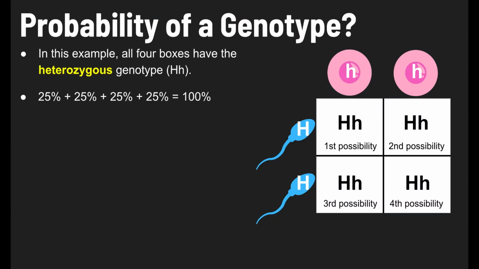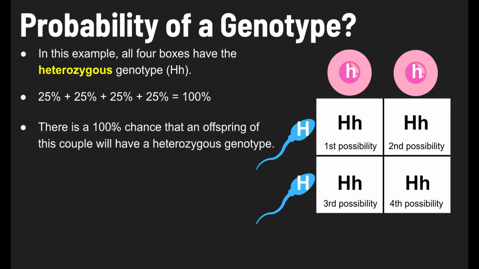To figure out the total probability here, you would add up each one of them together. So 25% plus 25% plus 25% plus 25% equals 100%. What does that mean? That means there is a 100% chance that an offspring of this couple has a heterozygous genotype.